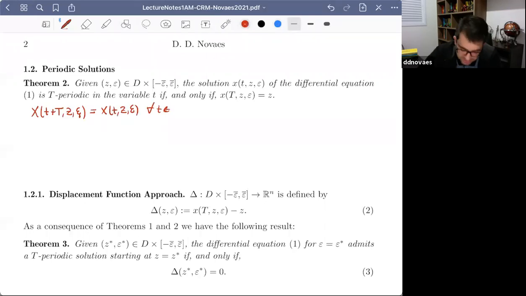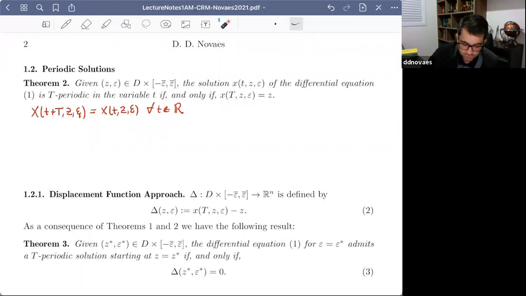Let's assume that it's R. So this is what I have to check in order to prove that a solution is periodic. This theorem says it's sufficient to check that for t equal to the period, the solution coincides with the initial condition. We do not actually have to check every t in the interval of definition. We just have to check this for t equal to the period.